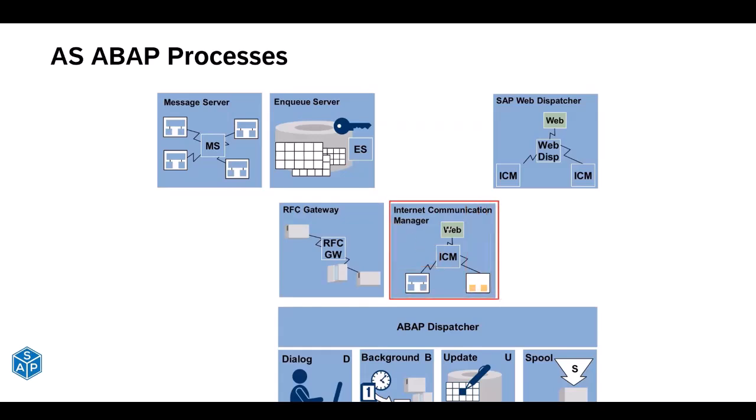All the requests coming from the web may be coming for your web application server or your Java application server. So any type of request targeted to any application server, web or Java. ICM is the middleman.